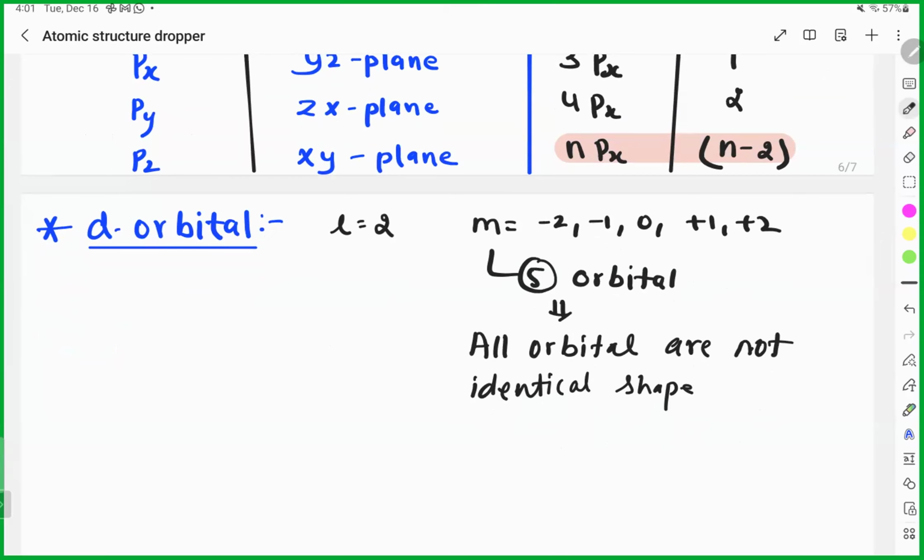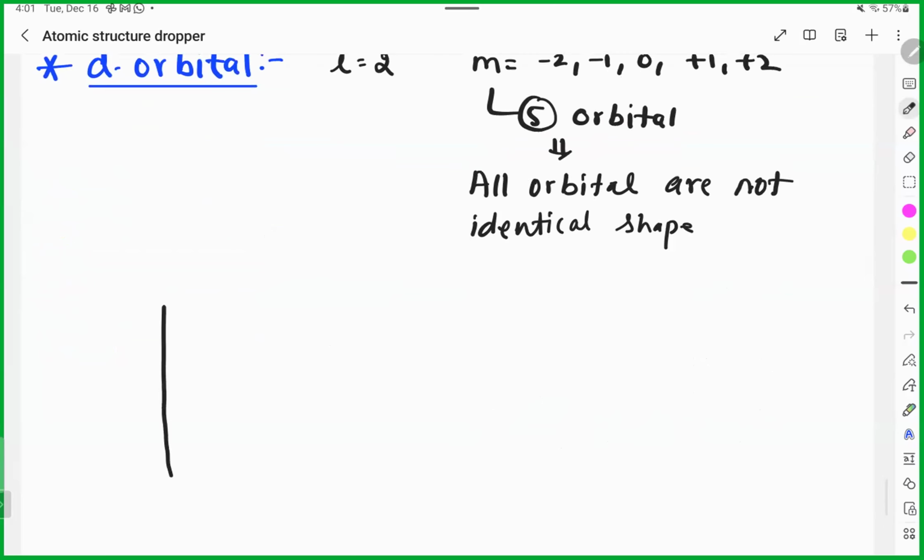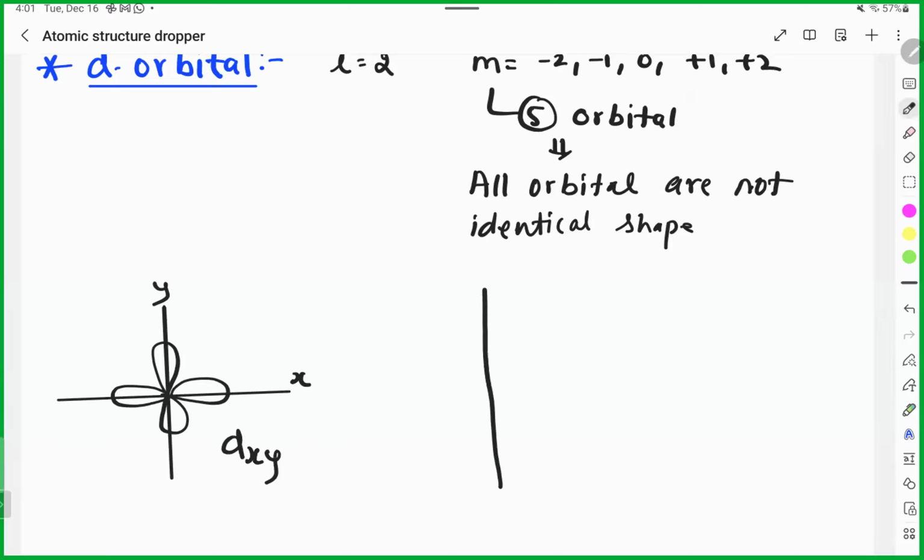Okay, how? Example, I'll show you. If you take dxy, dx and dy, this is x-axis, this is y-axis, this is dxy. Next, if you take y and z, then this is y, this is z, dyz.